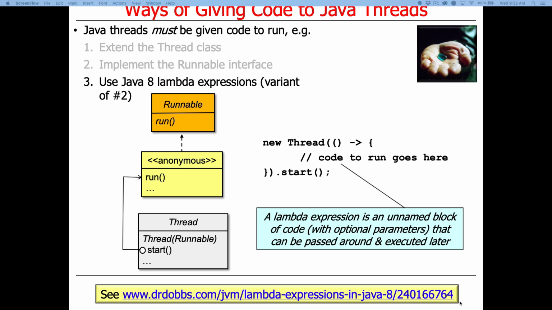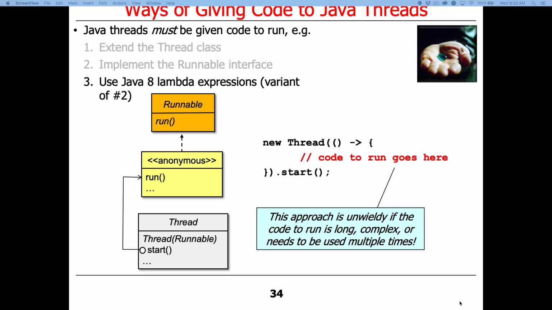Instead, you use this interesting syntax: open, close parentheses, which means no parameters, then an arrow, and then you put the code you want to run within curly braces. So this is a way of having an anonymous block of code that can be passed around. We're passing it to the Thread constructor, and when we call start, that's the code that will run.